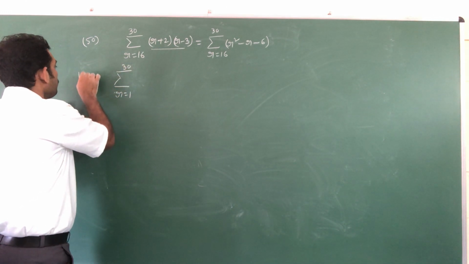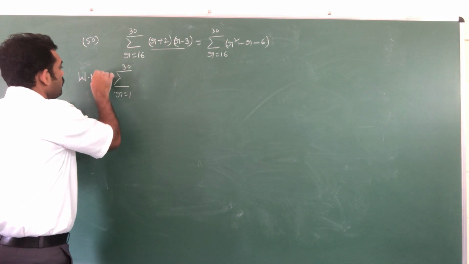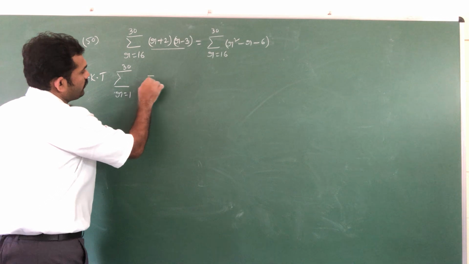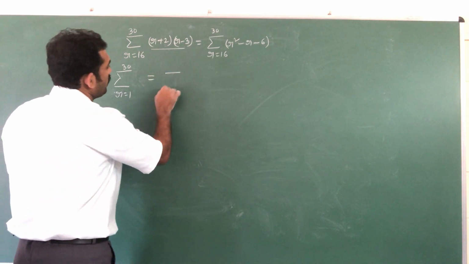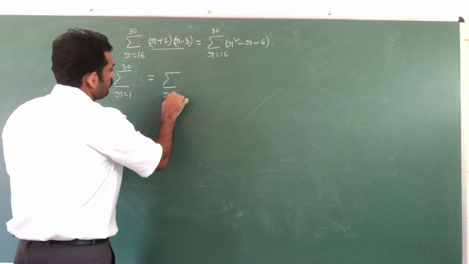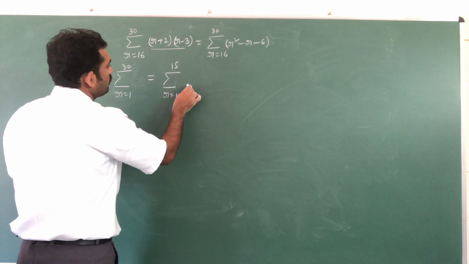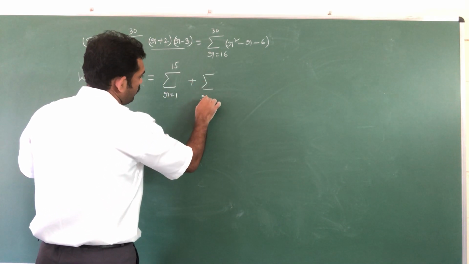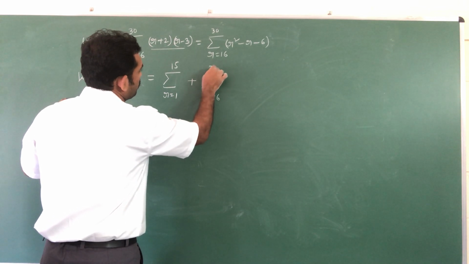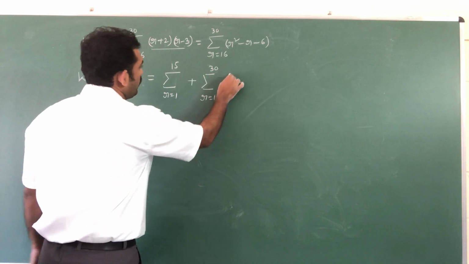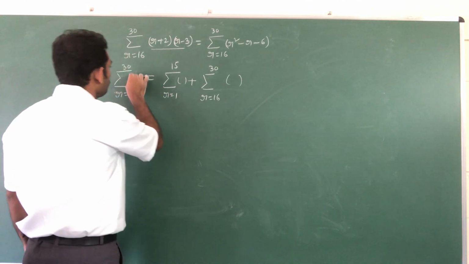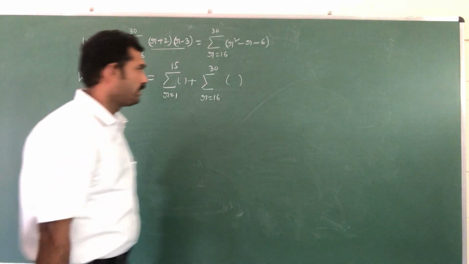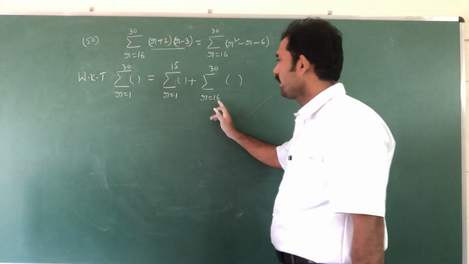We know that 1 to 30 is equal to sigma R is equal to 1 to 15 plus sigma R is equal to 16 to 30. We know this much only. They are asking this one.